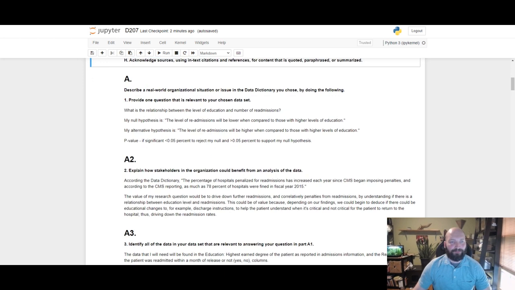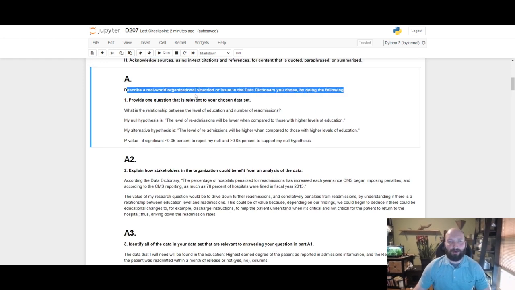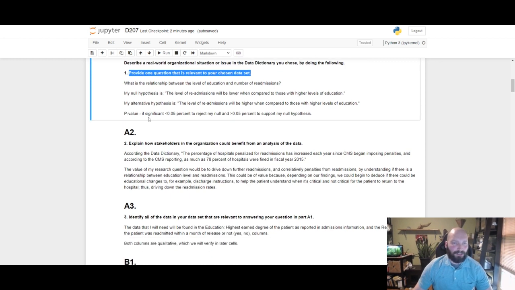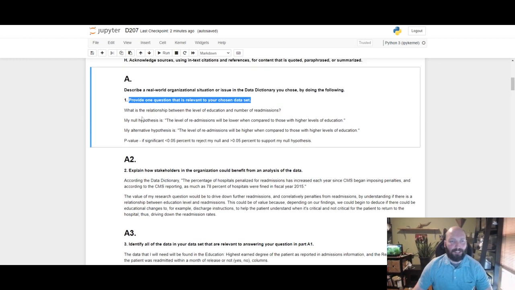All right, with A, describe a real-world organizational situation or issue in the data dictionary. Provide one question that is relevant to your chosen data set. So what I wanted to look at is the relationship between the level of education and readmissions, since the data dictionary did place an emphasis on penalties imposed on readmissions.